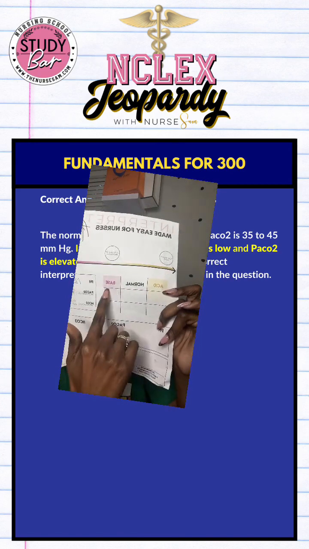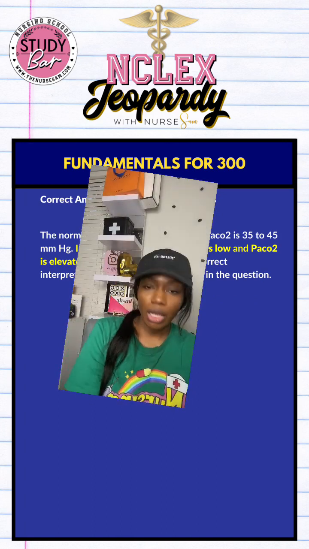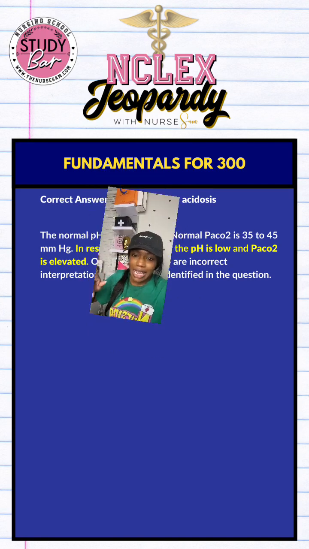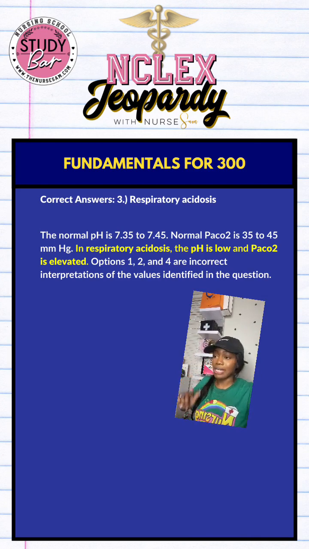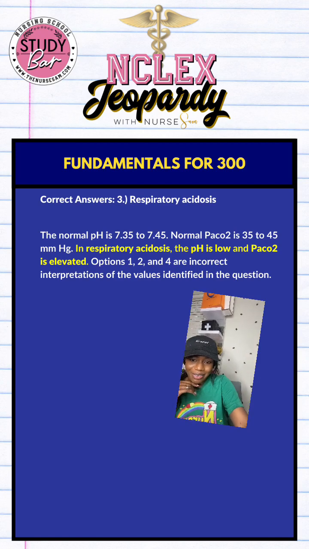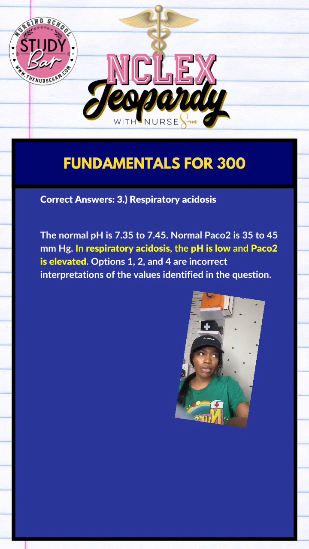It's going to give you the normal values, that way you can do the tic-tac-toe thing, the arrows up, down, all around. And in the associated page, it lets you know which one is which. In this case, if the pH is low and the PaCO2, carbon dioxide, is high, you have respiratory acidosis. Great job for all of you that got that. Someone asked where to find that: it is within the Ultimate Nursing School bundle and the first semester bundle.